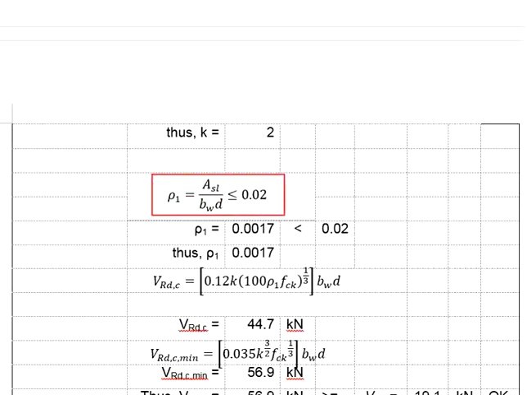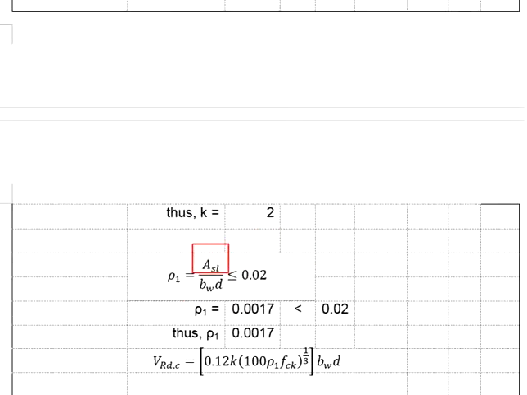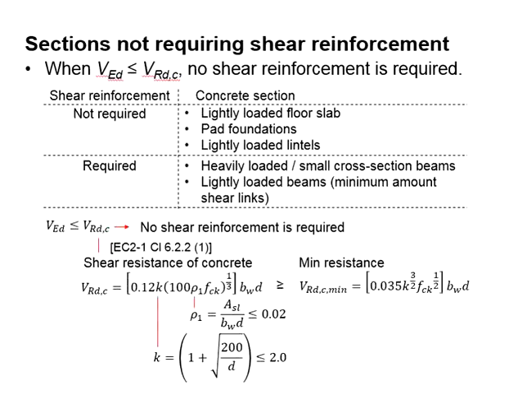Next is to determine the percentage of reinforcement bar. You need to get the As first. This As represents the area of reinforcement bar provided, which based on the calculations, is equal to 224 mm square. The As here is not the amount of reinforcement bar required, as the purpose of having this rho 1 here is to provide the information regarding the amount of reinforcement bar provided in the slab in order to determine the shear resistance.